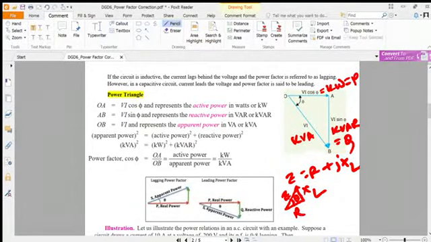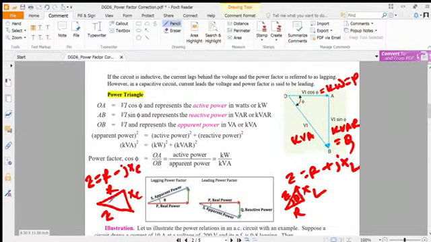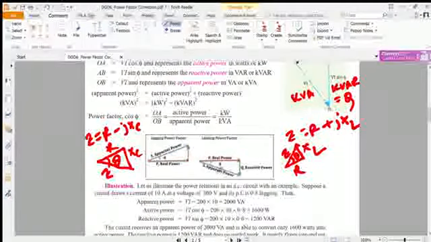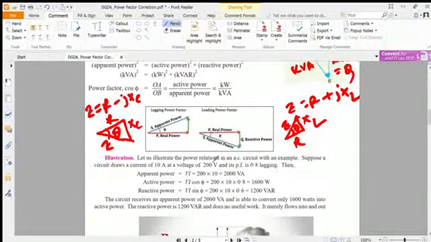For the capacitive load, if we write Z equals R minus jXC, then how can we draw it? This is R, this is XC, because of the negative sign, and this is Z, and here is the power factor angle theta. It's just similar to this.